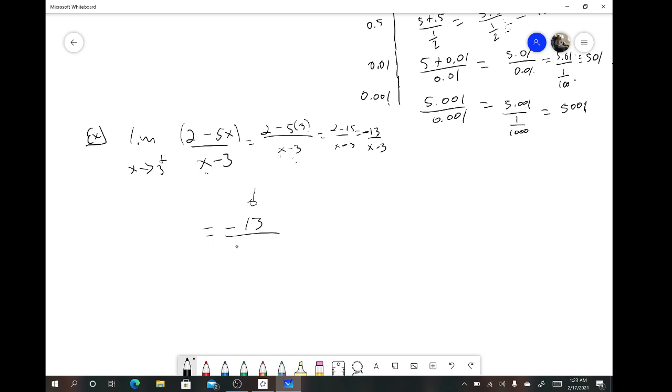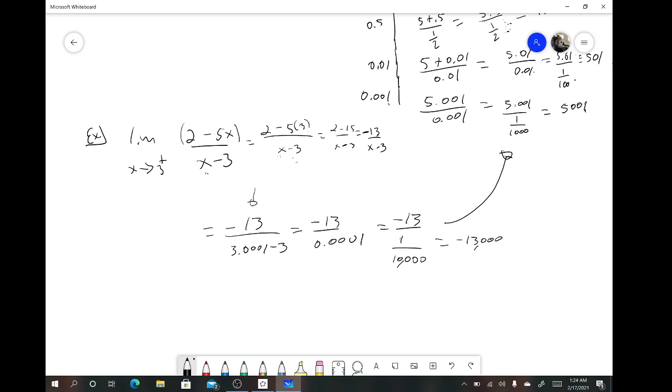So I'm going to have minus 13 divided by 0.0001, which is really the same as minus 13 over 1 over 10,000. And this is going to be negative 130,000.